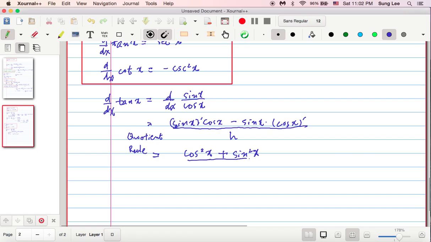All over cosine of x squared, right? So here also, I have a cosine squared x.